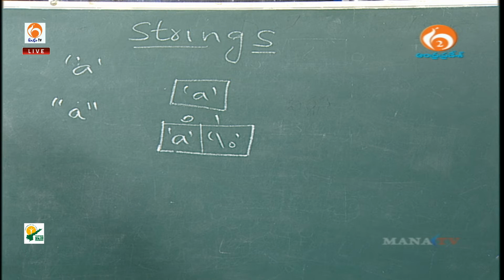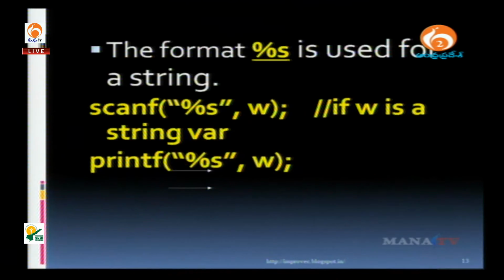Here the format specifier for the string is %s. If w is a string variable and I want to display the w array, that is the character array, we have to write it like this, %s, printf w.